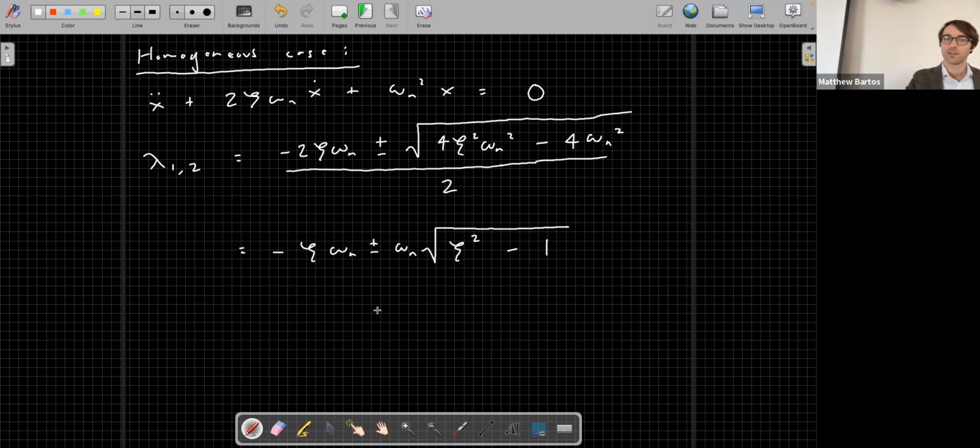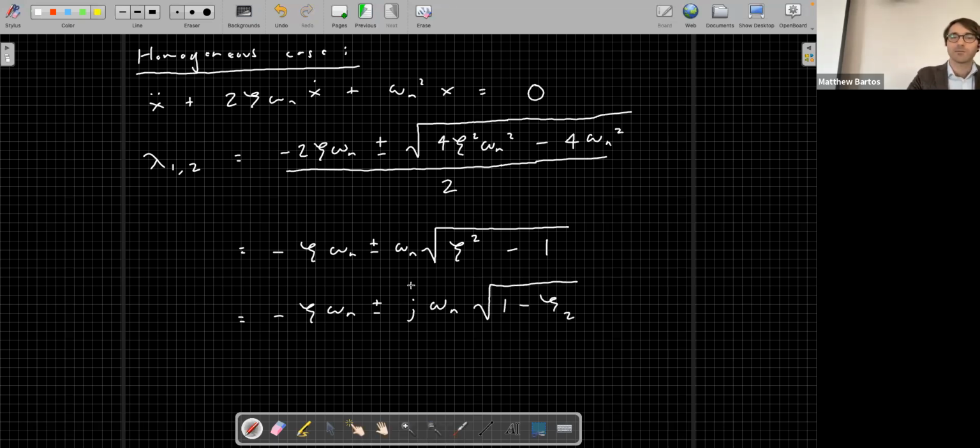Okay. Now let's rearrange this a little bit more. Let's write this second part in terms of the imaginary unit. So we can factor out a negative 1 from this square root, and we get j times omega n times the square root of 1 minus zeta squared.